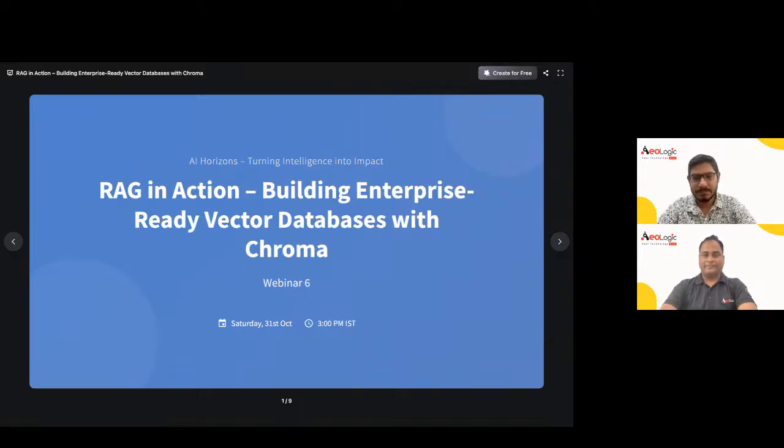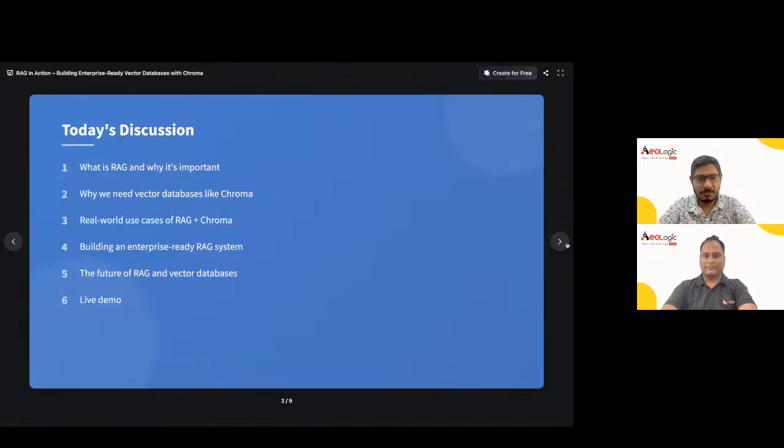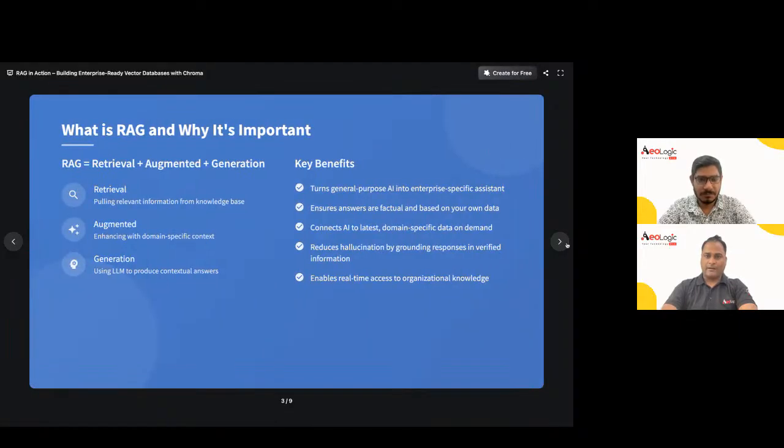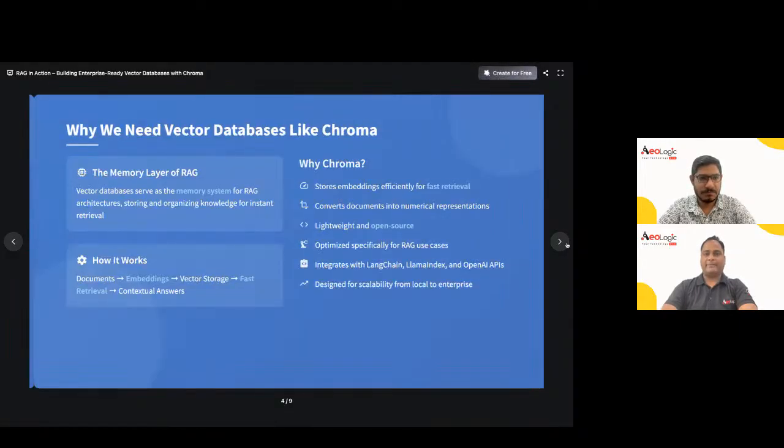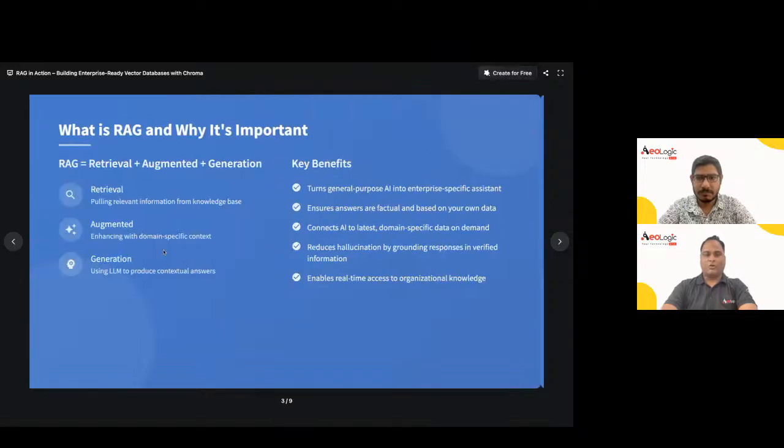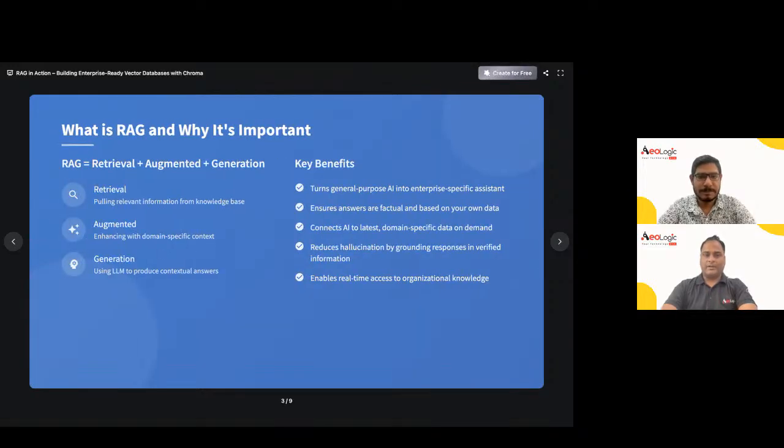So today we are going to discuss RAG, or Retrieval-Augmented Generation, which has become a backbone of modern enterprise AI. It's what allows large language models to stay relevant by connecting them to your company's live data, documents, and systems.